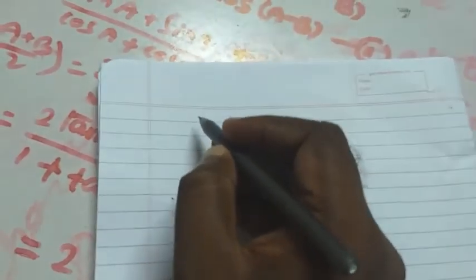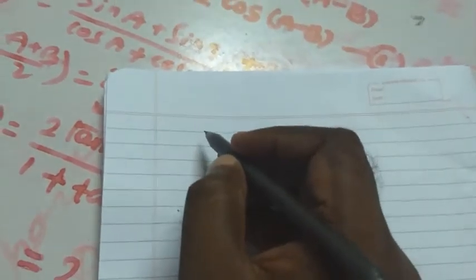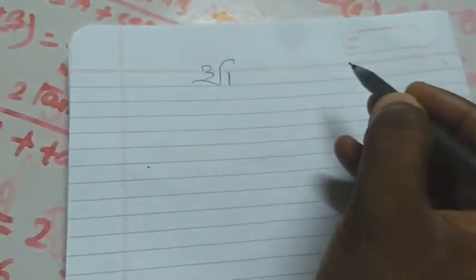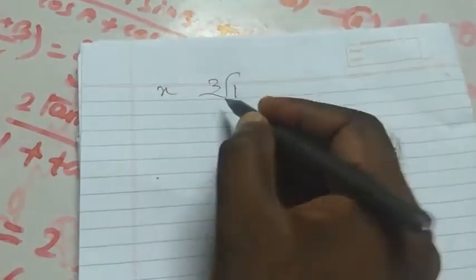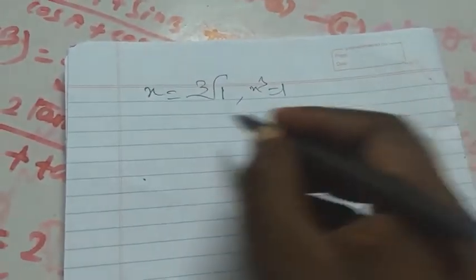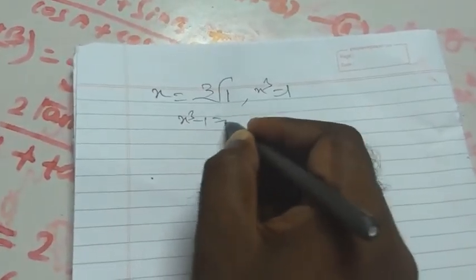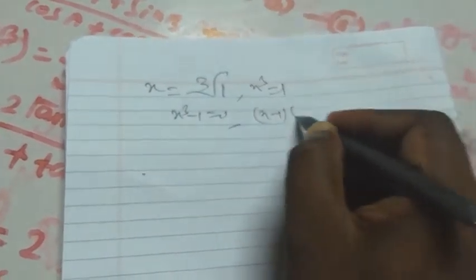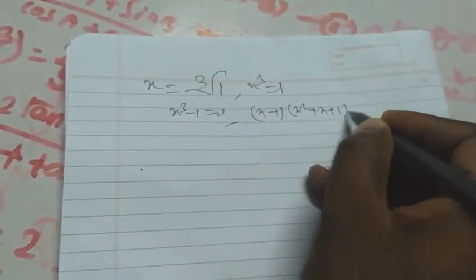Now at this point we discuss the cube root of unity. Look here, this is 1, this is cube root of unity, so x is equal to the cube root of 1. Cubing both sides, you get x cube equal to 1, and factorize: (x minus 1) and (x square plus x plus 1) equal to 0.